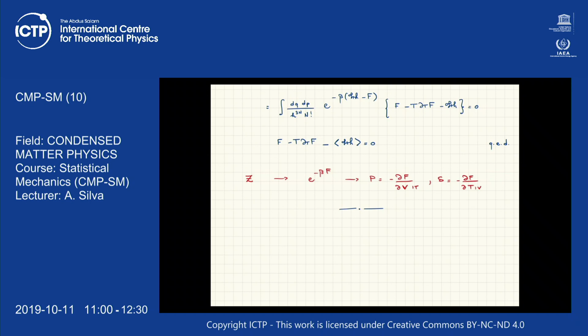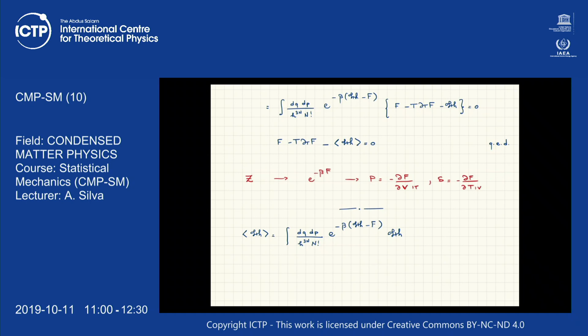So the way to prove this is just a straightforward calculation. We go back to our definition of internal energy. If you go back to the notes to the calculation we've just made, look at this formula here, then this is equal to the integral dq dp over h to the 3n and n factorial, e to the minus beta (h minus f), h.